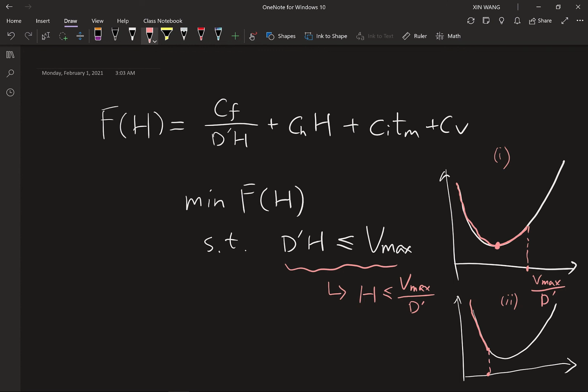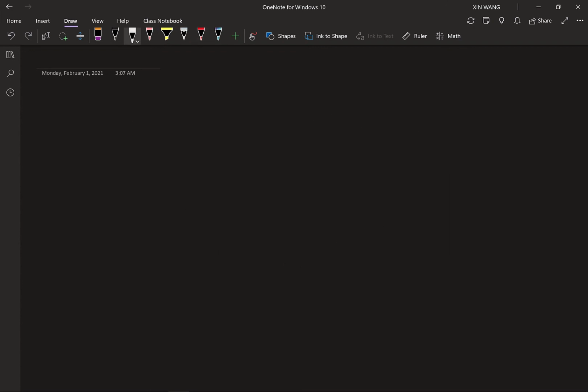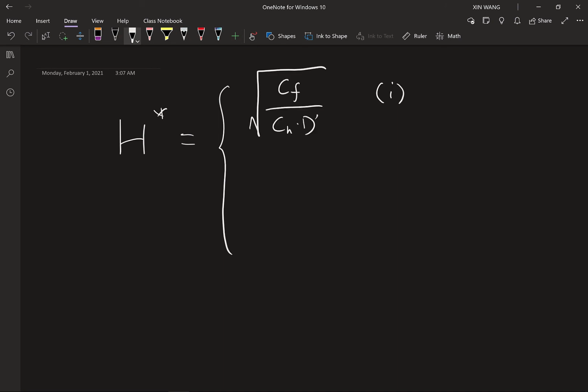That indicates our optimum solution is bounded by the capacity. So the optimum solution under the capacity constraint depends on two cases: either the solution determined by the first order condition or the one bounded by the capacity. In short, we take the minimum value of these two.